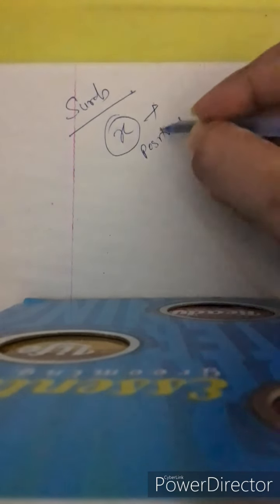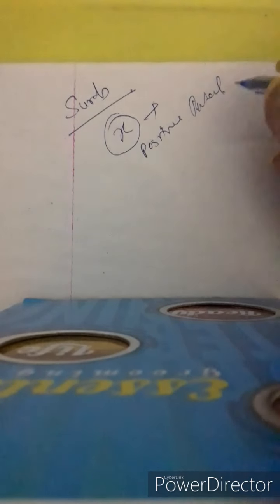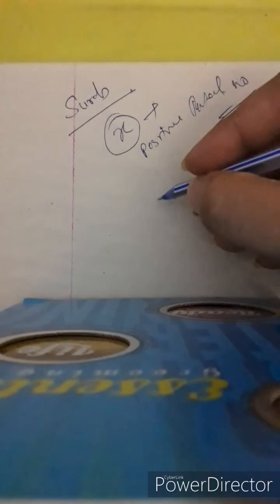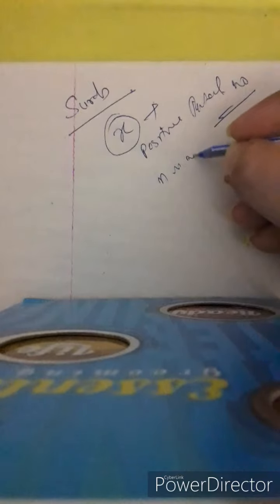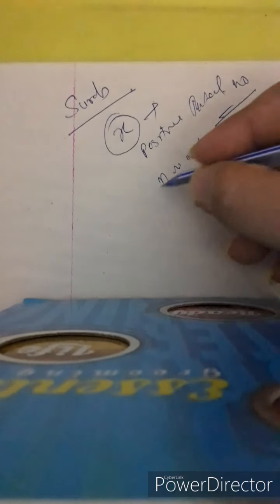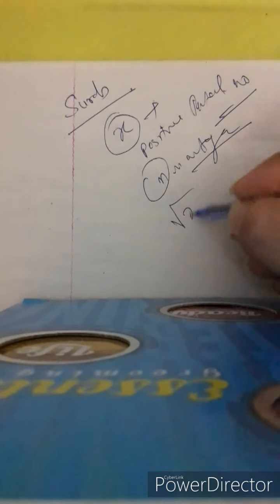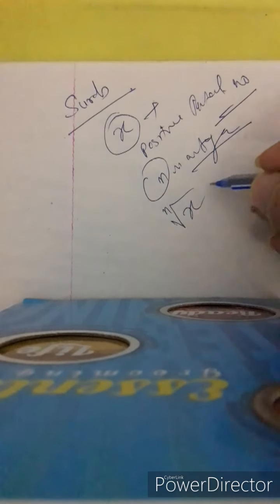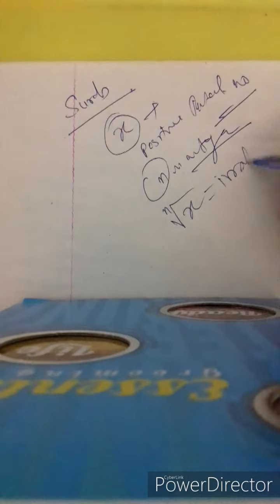Coming to surds, so what are surds? Suppose x is a positive rational number, and n is any integer. All right, so x root n should be irrational.